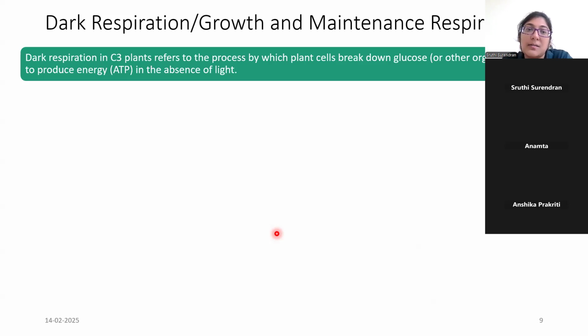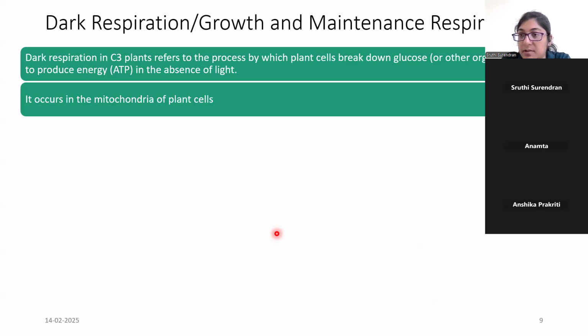Dark respiration refers to the process by which the glucose manufactured as a result of the Calvin-Benson cycle is broken down to give the plant energy. This process is called dark respiration because it does not depend on the presence of light. Instead, it happens in a plant all the time, irrespective of whether there is light or not.